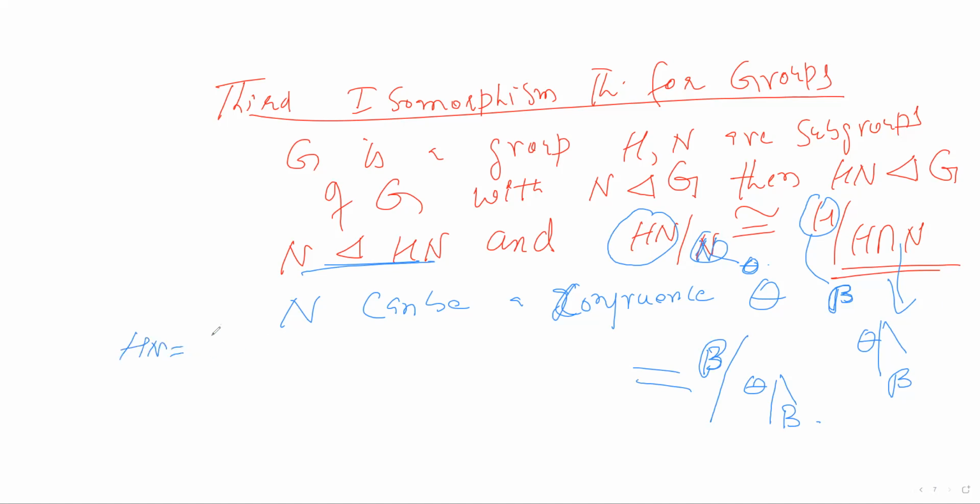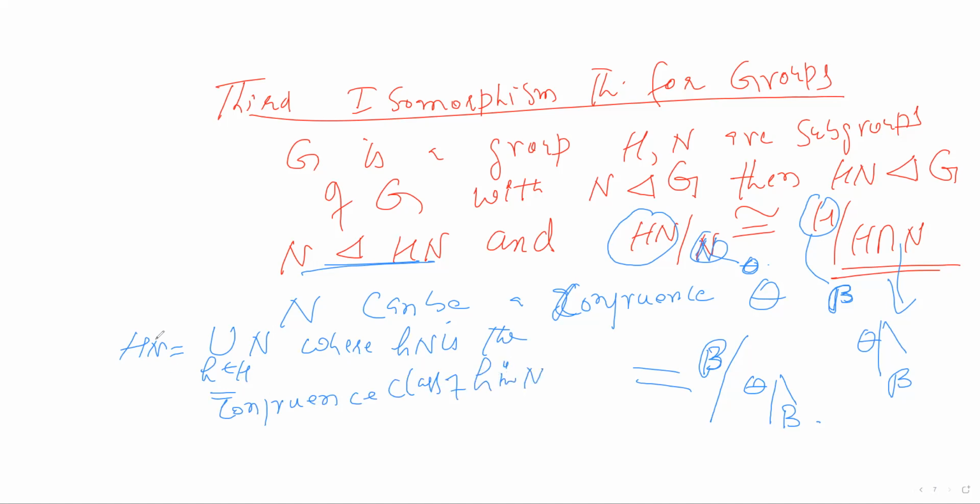HN is, if you remember, union of the congruence classes of h in H, the coset of H mod N, congruence class of H in N. Now if you remember, what was the B theta that we defined?